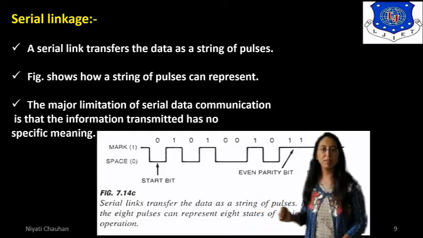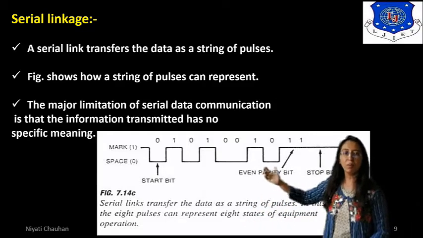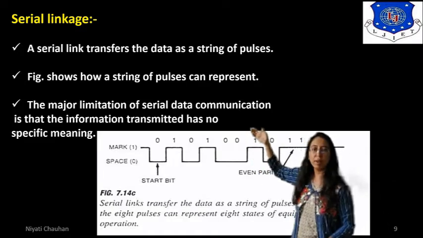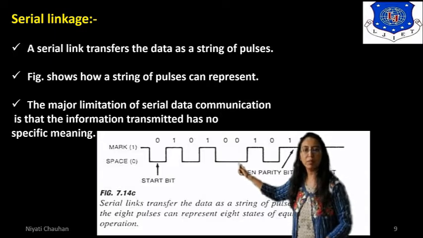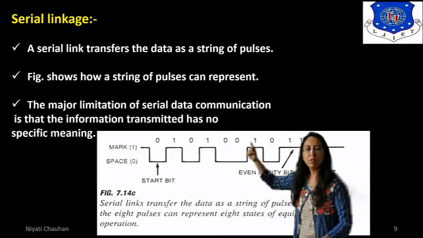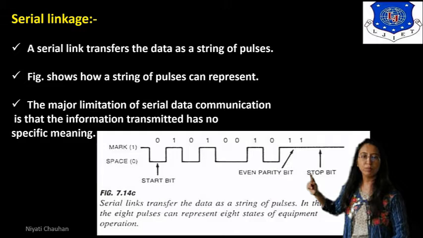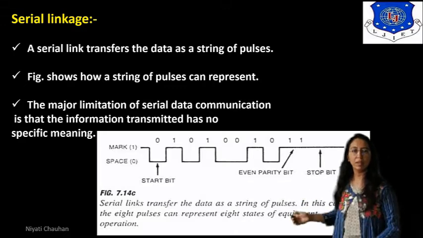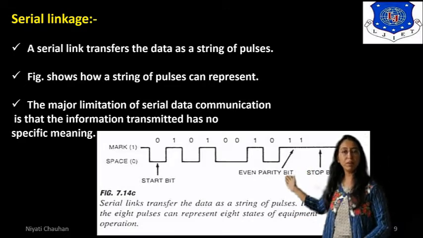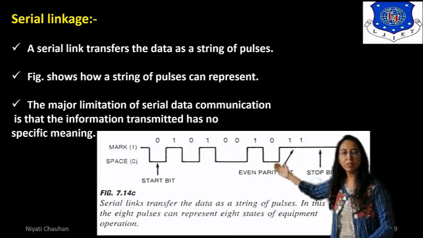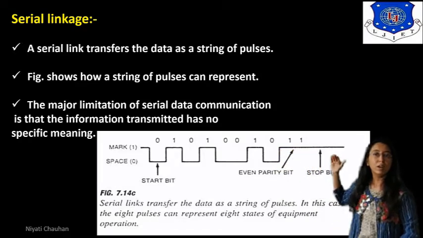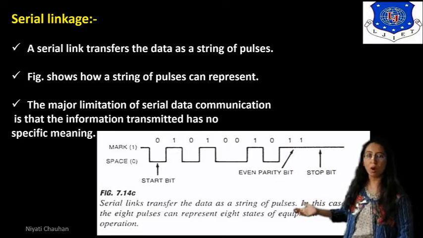Here you can see serial data communication. First, mark means value 1 and space means value 0. So in 1010 form we are transferring our data. At the end there is an even parity bit, after 0 you can see 1111, and here is our stop bit.